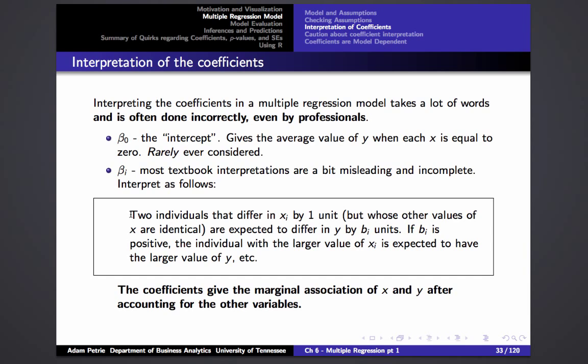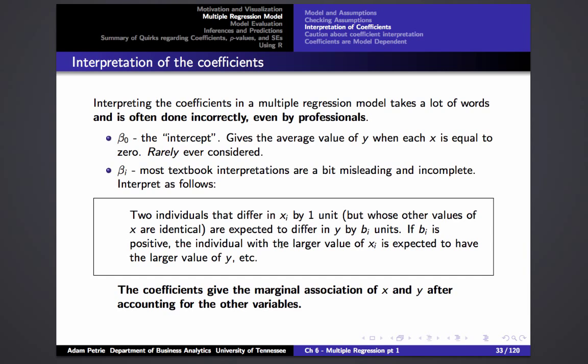So the way we're going to interpret the coefficient is we're going to say that two individuals that differ in xi by 1 unit, but whose other values of x are identical. So in other words, these two individuals differ in xi by 1 unit, but are otherwise identical here. Well, these two individuals are expected to differ in y by bi units. So whatever that coefficient is, that's what we expect their average value of y to be different by.